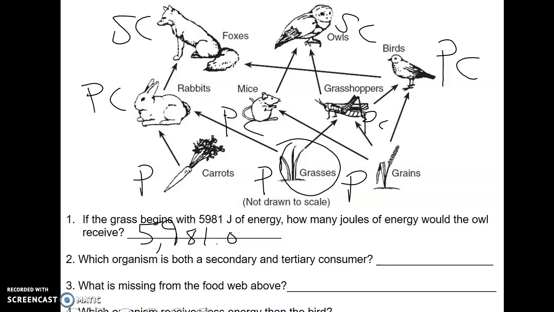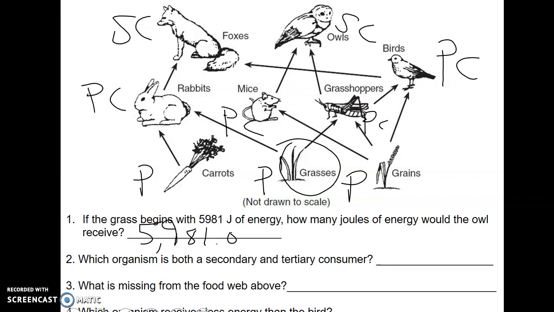So going from the grass to the owl, grass is producer, grasshopper's primary consumer, and the owl is a secondary consumer. So you're going to have to go up 1, 2 levels.